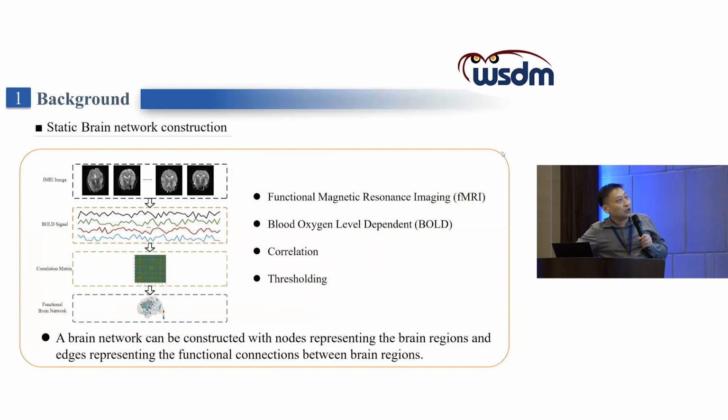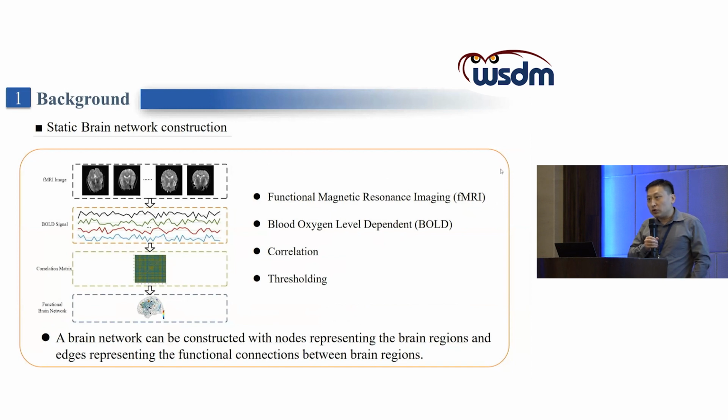So the first question is, why do we want to model this as a dynamic network? Let's see how static brain network construction is done. We have some MRI images, and then we get blood oxygen level dependent signals. Then we compute them into a correlation matrix, and with some threshold, we build these functional brain networks that tell you how one part of the brain reacts with the other part.